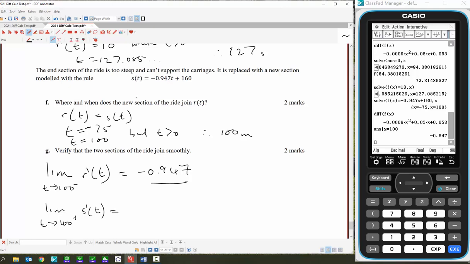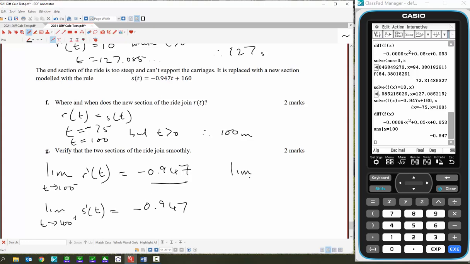So what I've done is tested f of x, and it says that the gradient is that. Now I'm going to test s dash t. So if you imagine the derivative of s of t is going to be -0.947, that's because it's a linear function. So what that means is both of them have got the same gradient.